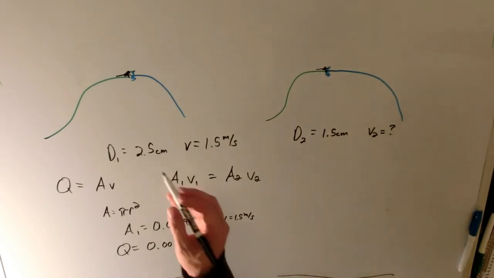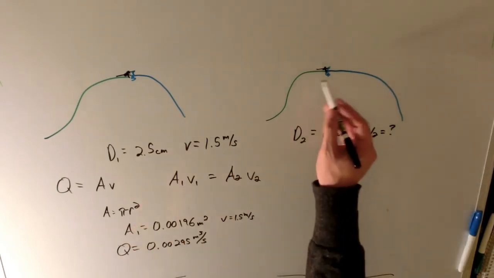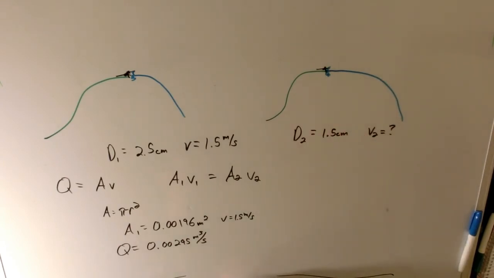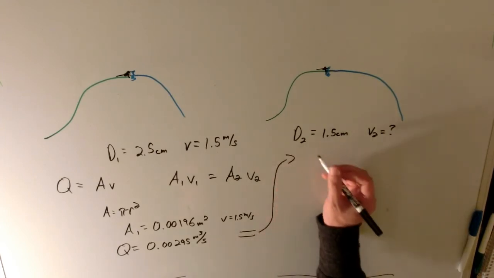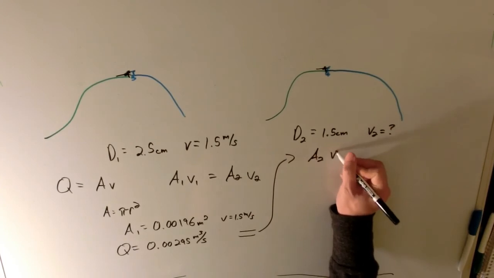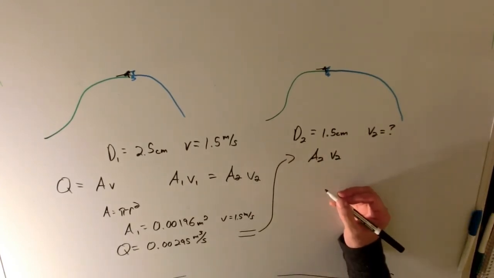And we know that by continuity, the same amount of water is still coming out over here. It's just coming out faster because I've reduced the area. We know that this has got to be equal to whatever's going on up here. So we need area 2 and velocity 2, and what we want is velocity 2.